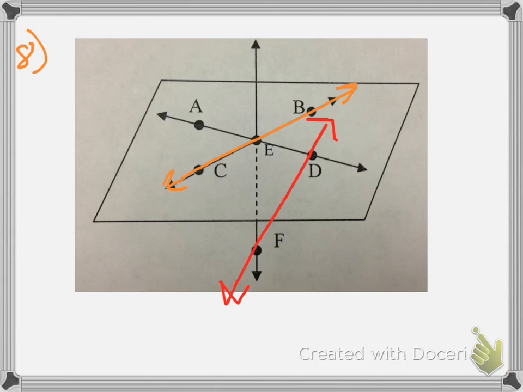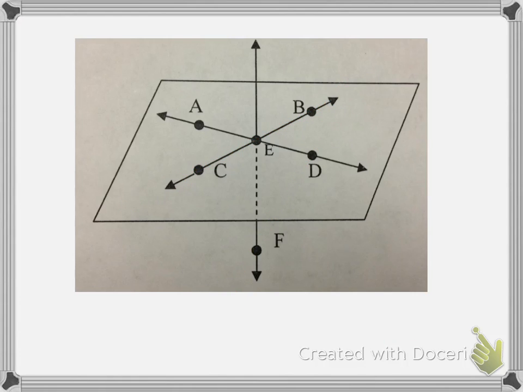Now, technically, if it's going through F, which is all the way down here, it's actually not going to intersect with this line, so therefore they are not coplanar, because this one's going across this way, and FD is kind of angled up. They're actually skew lines, so they are not going to intersect, so those two lines together are not coplanar, so number 8 is no.